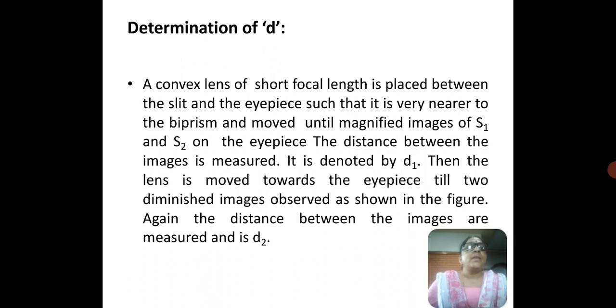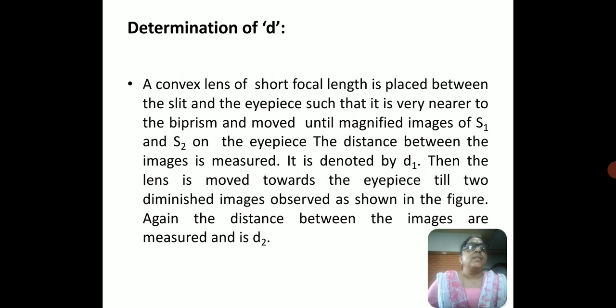Now, a convex lens of a short focal length is placed between the slit and the eyepiece, very near to the biprism, and moved until magnified images of S1 and S2 are obtained on the eyepiece.